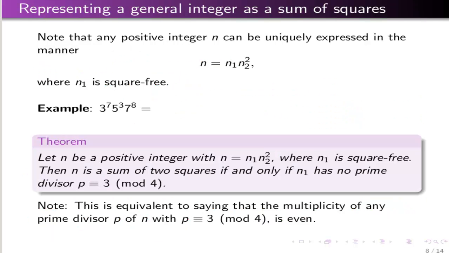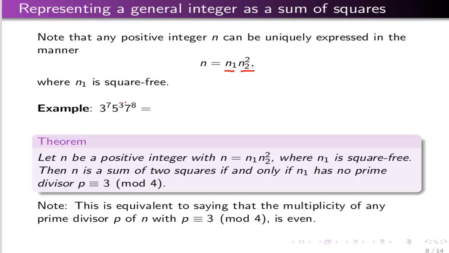Now let's turn to representing a general integer. So recall that if you have any positive integer, you can uniquely express it as a square free number times a perfect square. I think this was on the second homework. So how did we do that? Let's just do an example. 3 to the 7th, 5 cubed, and 7 to the 8th.